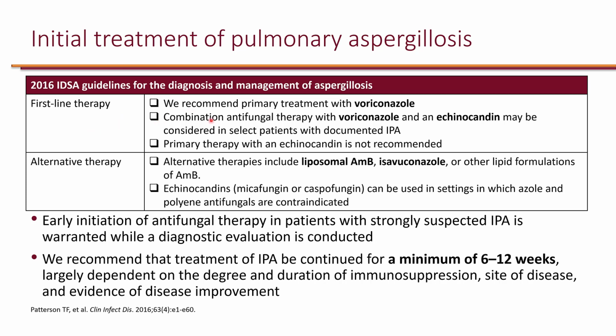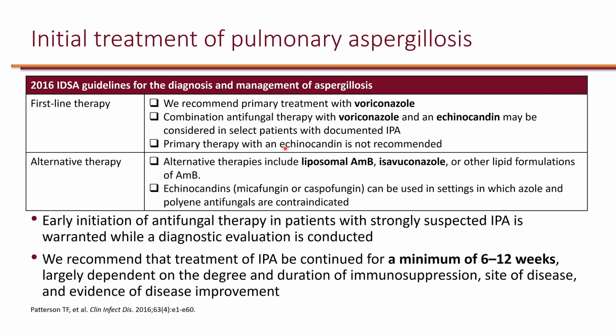So the primary recommendation is voriconazole is the drug of choice. So the standard of care for pulmonary aspergillosis is voriconazole. So not any azole, voriconazole. And combination antifungal therapy, so voriconazole plus one of the echinocandins, may be considered in select patients with documented invasive pulmonary aspergillosis.